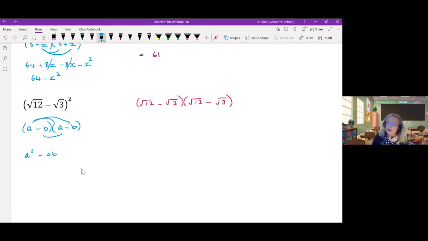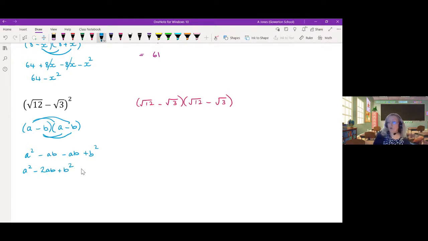And then here, I would say minus AB again, and I run these in alphabetical order, and that's because when we go to simplify this further, if they're in the same order, it's much easier to see what we're actually doing. And then minus B multiplied by minus B. Minus multiplied by minus is a plus, so that's plus B squared. So here I would have A squared minus 2AB plus B squared.